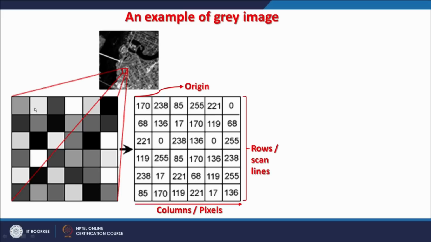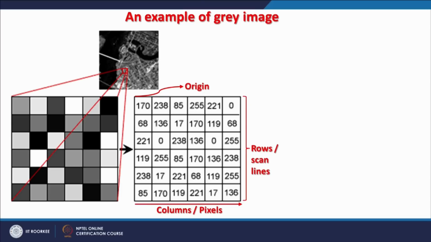So if we see here, a pixel with a very high value, 255, is the brightest pixel in an 8-bit or gray image, whereas when the pixel value is equal to 0, you end up with black. So these are black and white in a gray image, and this is an example of an 8-bit image, so we can have a maximum of 256 shades of gray.